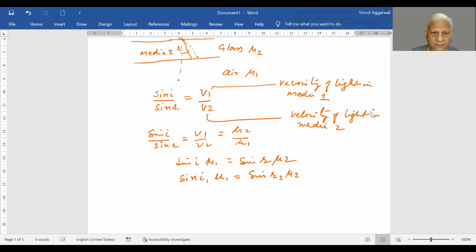Or we can also write sine θ1 μ1 equals sine θ2 μ2, where θ1 and θ2 are the angle of incidence and refraction in their respective media. This is called Snell's Law.